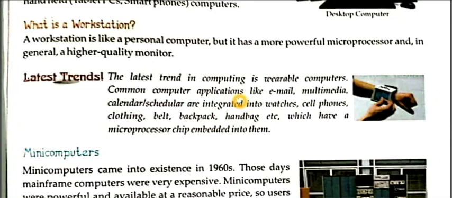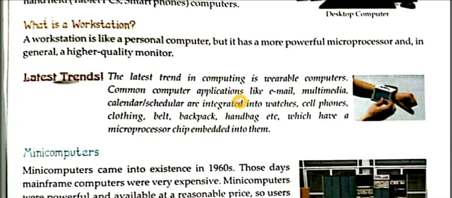The latest trend in computing is wearable computers. Common computer applications like email, multimedia, calendar, scheduler are integrated into watches, cell phones, clothing, belts, backpacks, handbags, etc., which have a microprocessor chip embedded into them.